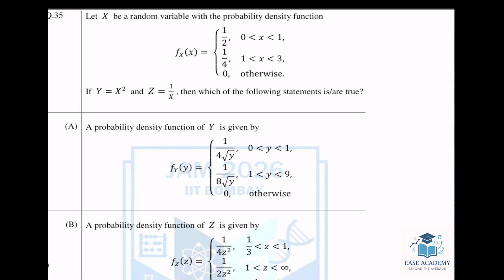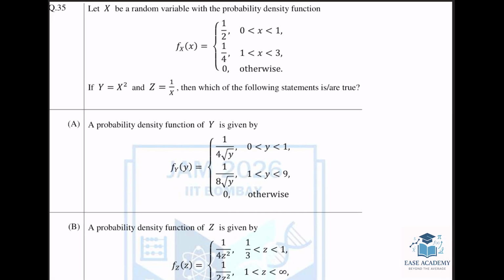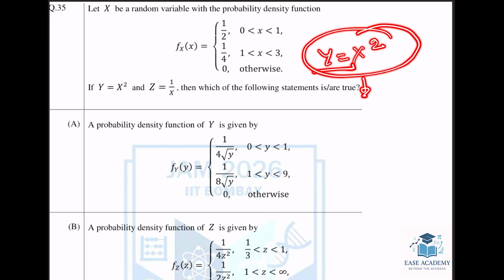So here is the involvement of the concept of transformation of variable. Since X is greater than 0, if Y is equal to X square, we can easily take the transformation from here, since this is a 1-1 transformation as X is greater than 0.